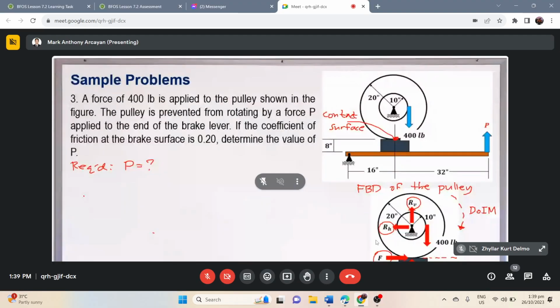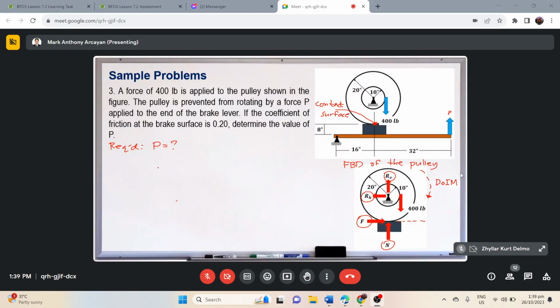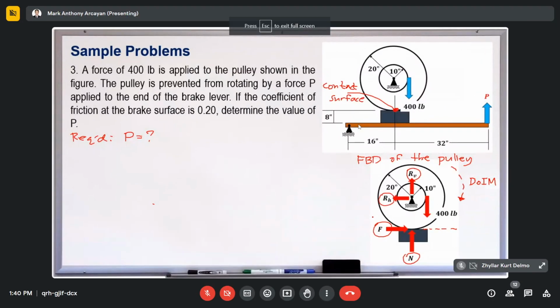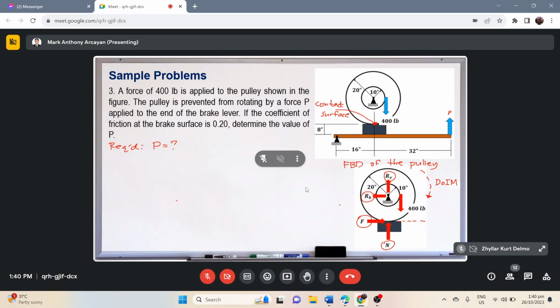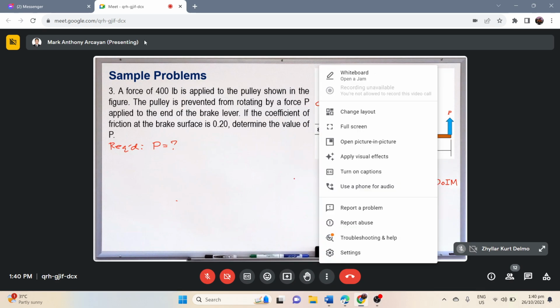Since we are after the value of our force P, in order to optimize our solution, we will focus on finding the value of the frictional force and the normal force respectively. If we complete all three, it will take a long time. The remaining equilibrium equations are used to solve for the reactions. Since we are not looking for the reactions here, we can go directly to summation of moment.